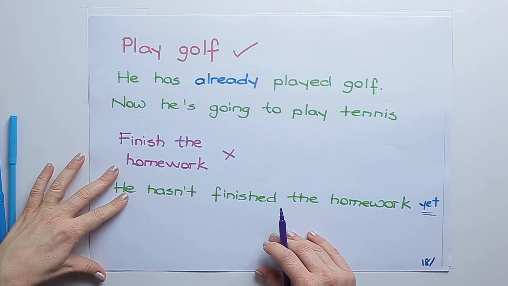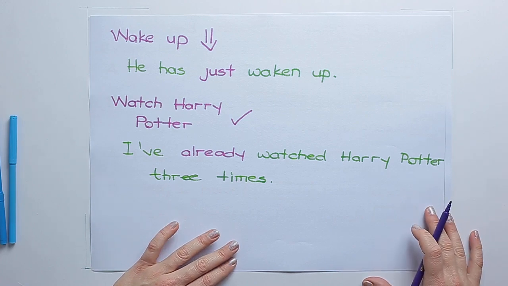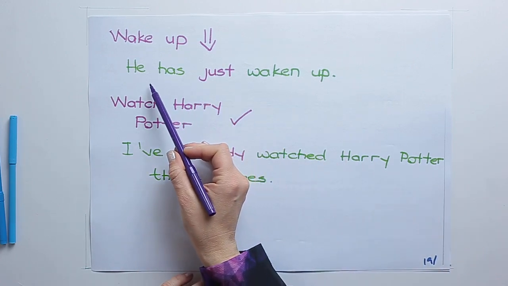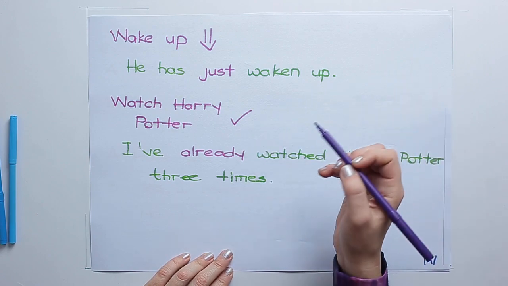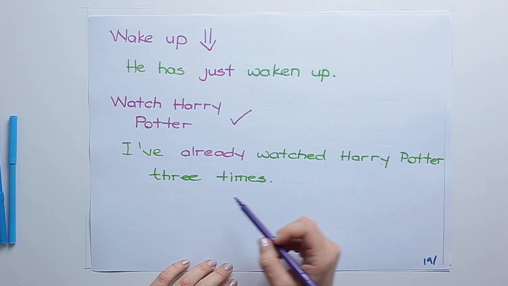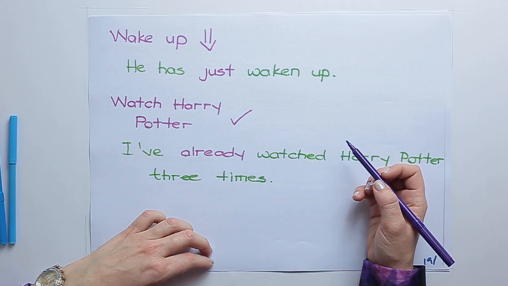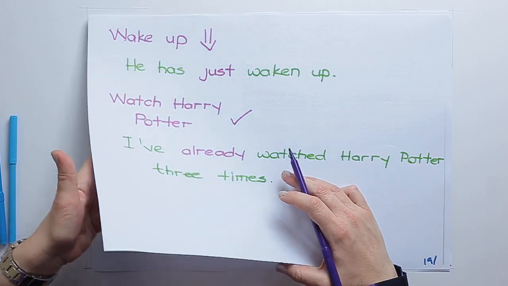He hasn't finished the homework yet. Now, wake up. He has just woken up. The action is closer to now. Or watch Harry Potter. I've already watched Harry Potter 3 times. So, for example, I don't need to watch it now because I have already seen the movie.